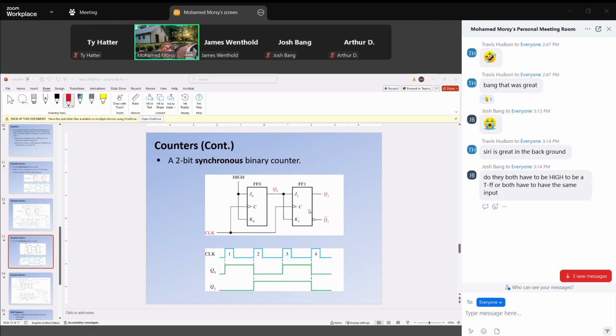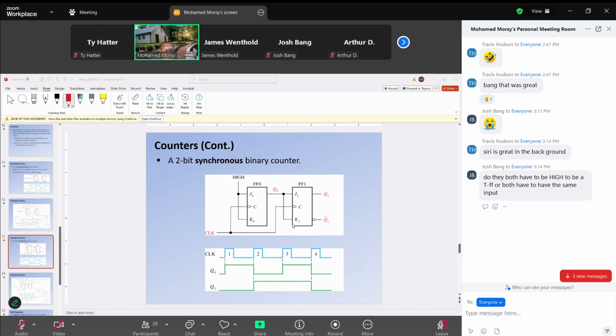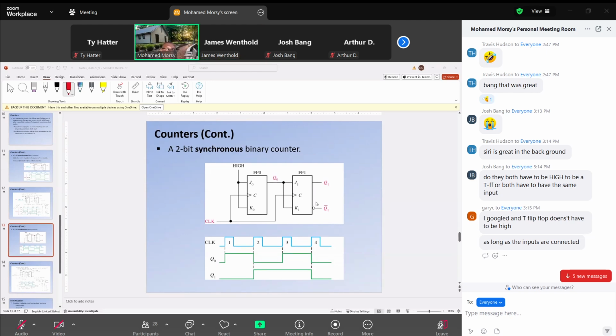What is the second flip-flop? Also T? Why T? I mean, both of them are JK flip-flops.